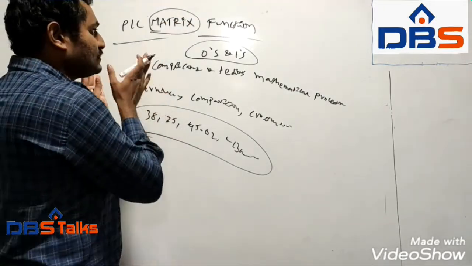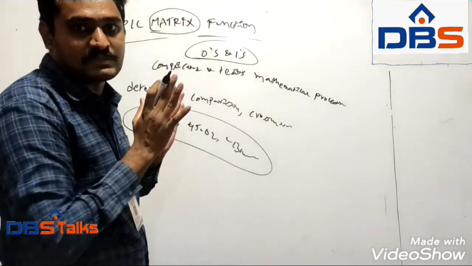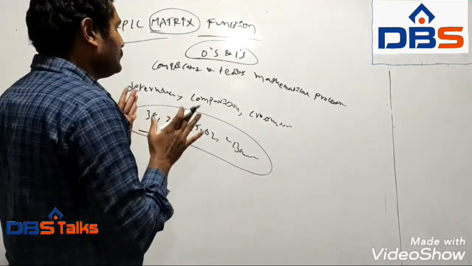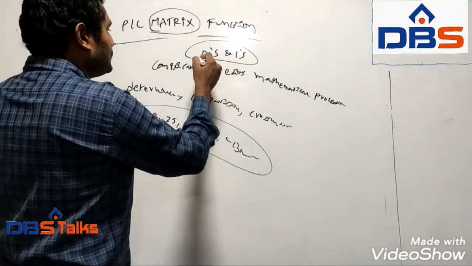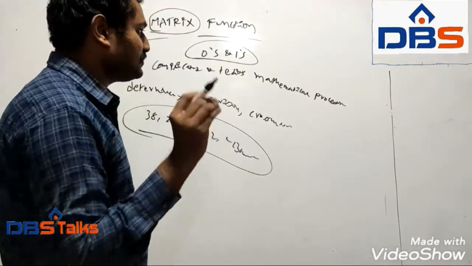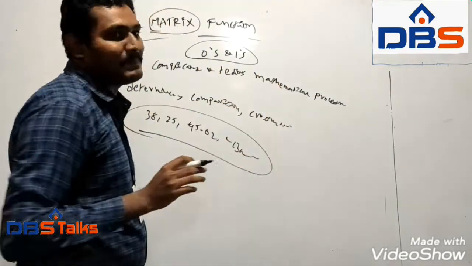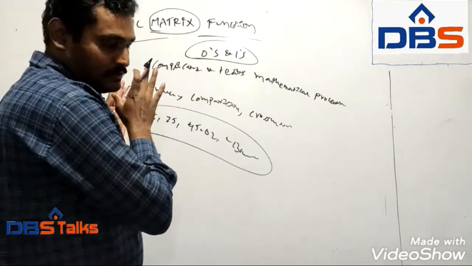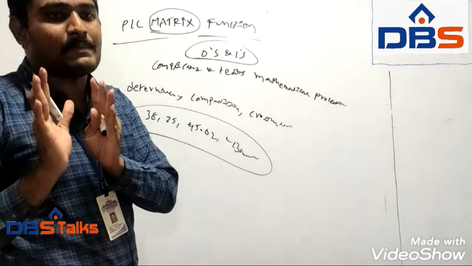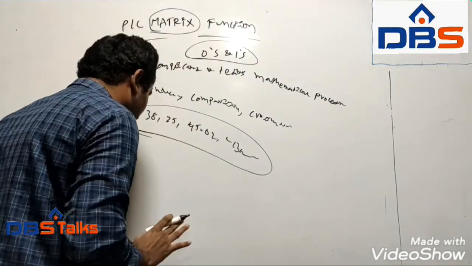This matrix function does not involve cross multiplication. It is a special function used to operate on bulk data manipulations.